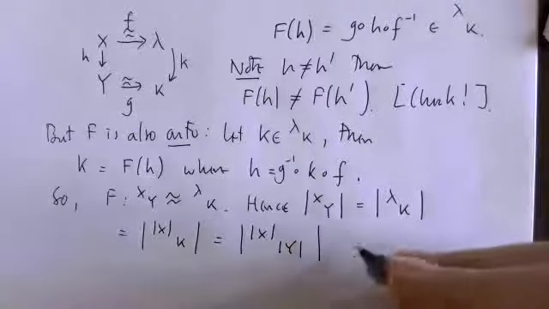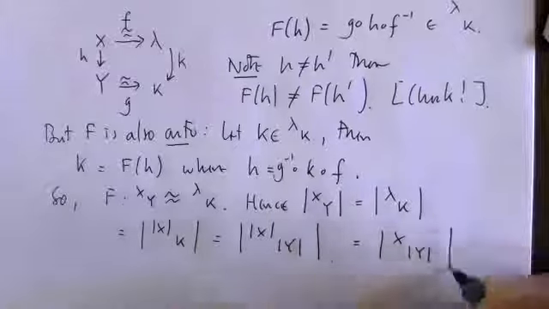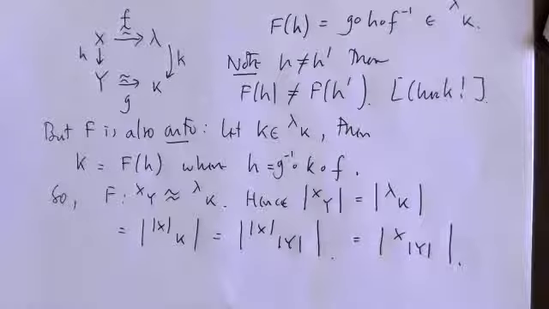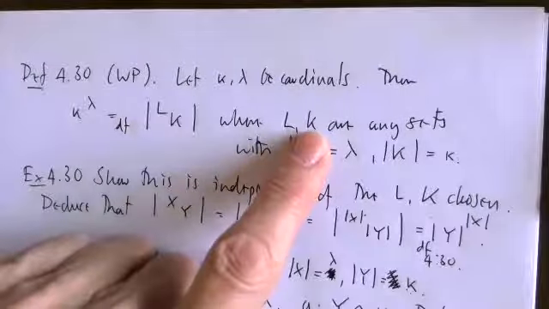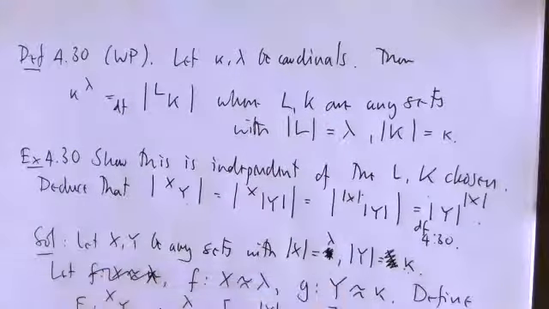And I could also add on to this that as well. So our definition of cardinal exponentiation doesn't depend upon what lambda and kappa are. I just took any X and Y here with these sizes.